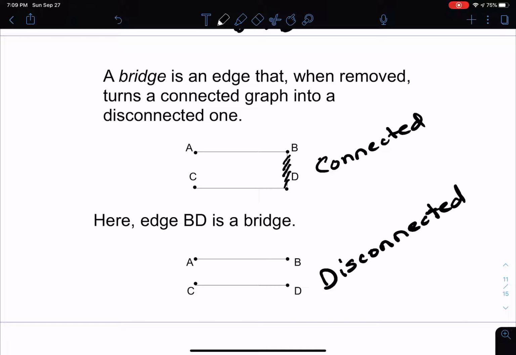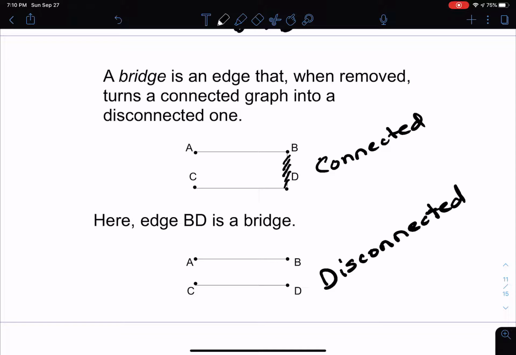And so for a long time, the residents in Sanibel and Captiva could not drive across to get to the mainland. So that bridge, when it was removed by the hurricane, created something that went from connected to disconnected. And they had to start taking a ferry back and forth again.